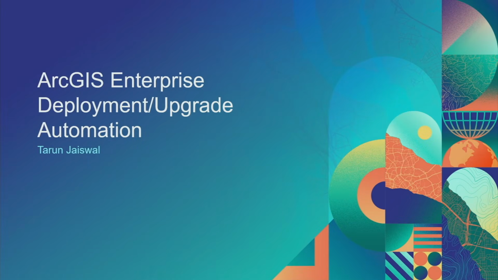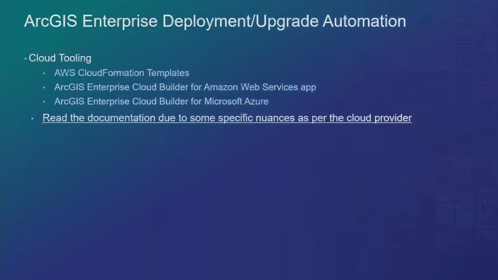Something I know you guys are always looking for is automation to do all this work at times. So we're going to talk about some of the nuances there. We do provide a variety of ways to automate your deployment patterns, like you could use a CloudFormation template, you can use Cloud Builder on Amazon Web Services, or you can use Cloud Builder on Azure.